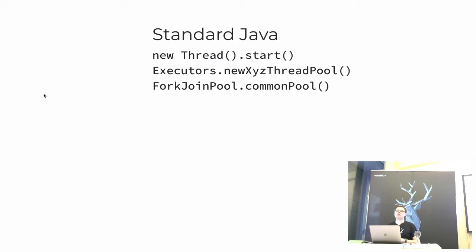You can, for instance, use the Executors class, a factory for lots of different thread pool implementations, or then there's also nowadays a fork join pool, which is a bunch of threads that are shared with whatever else is going on in the Java virtual machine at that point. So you can use those.